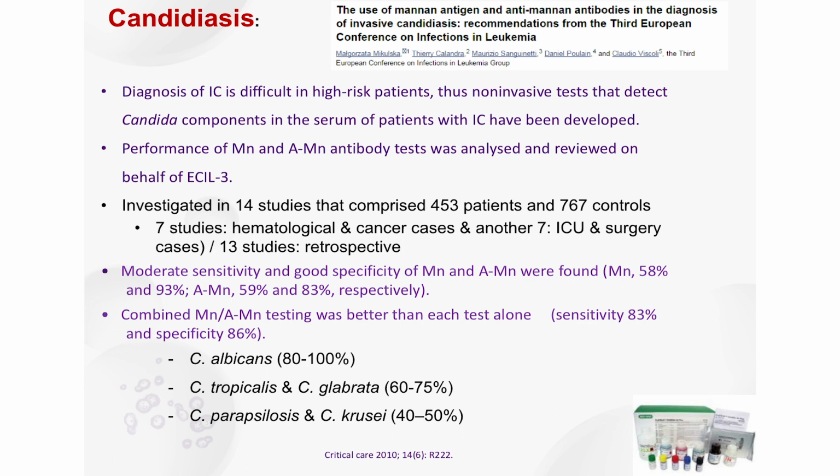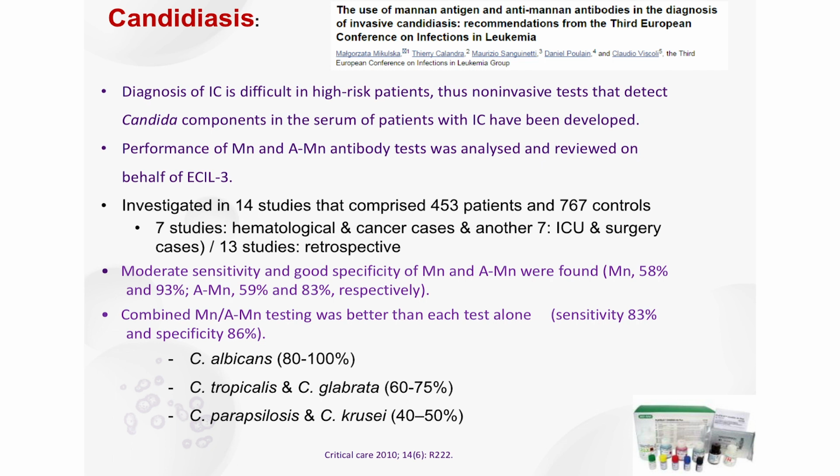Seven studies involved hematological and cancer cases, and another seven were ICU and surgery. No control, and all the studies had different processes.